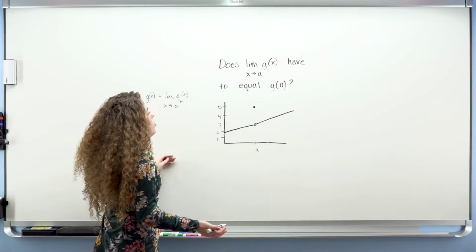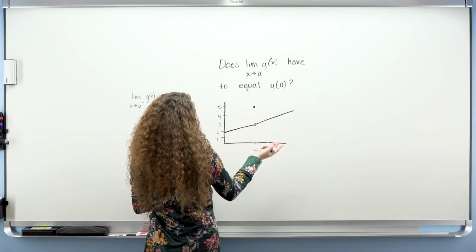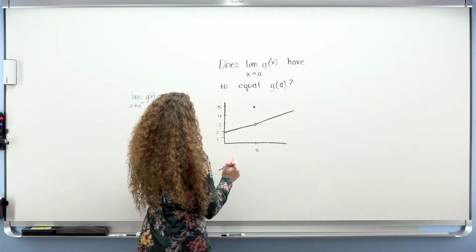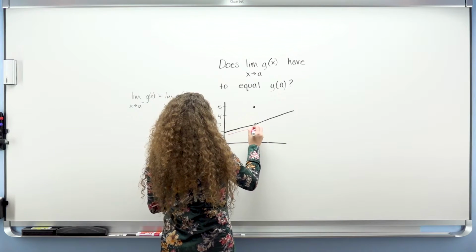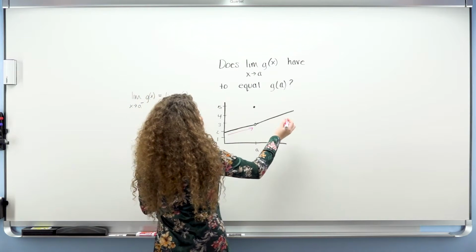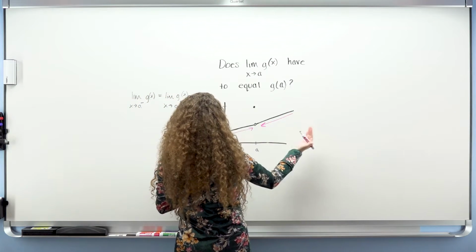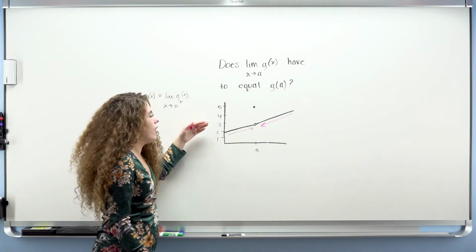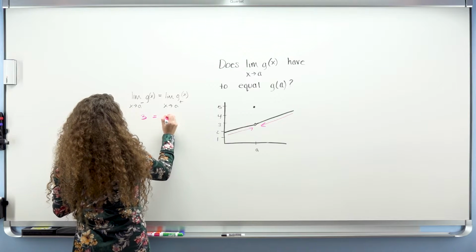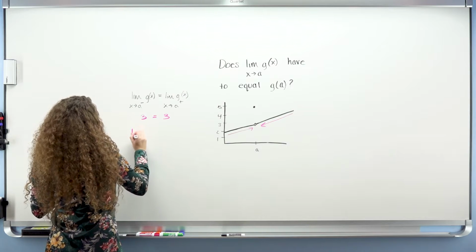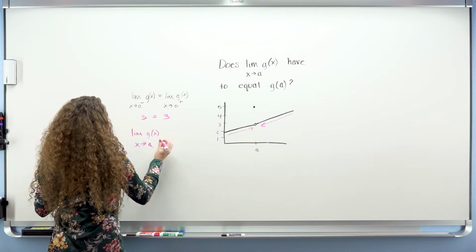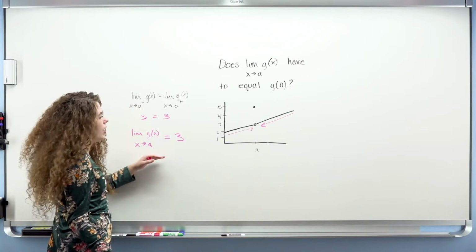So when we're looking at this case right here, we can see that when we approach from the left side, it looks as if we're approaching the value 3 on the y, and same thing when we're approaching from the right side. Again, it's approaching the value 3. So our general limit in this case, because this side equals 3 and this side equals 3, if we were to rewrite this, the limit of g of x as x approaches a would equal 3.